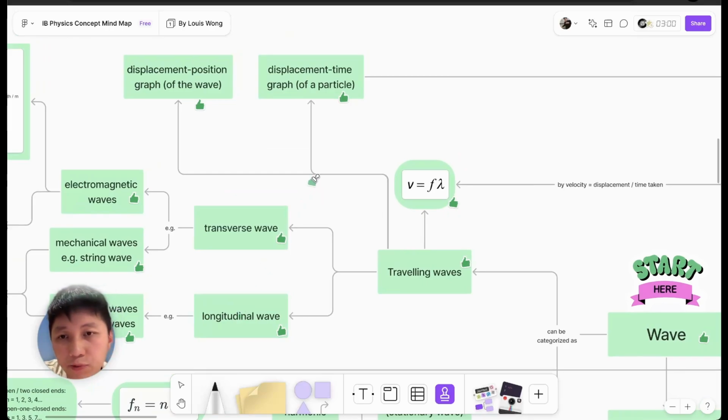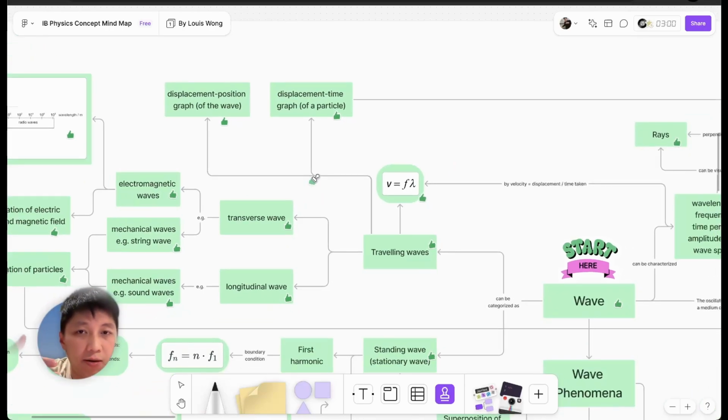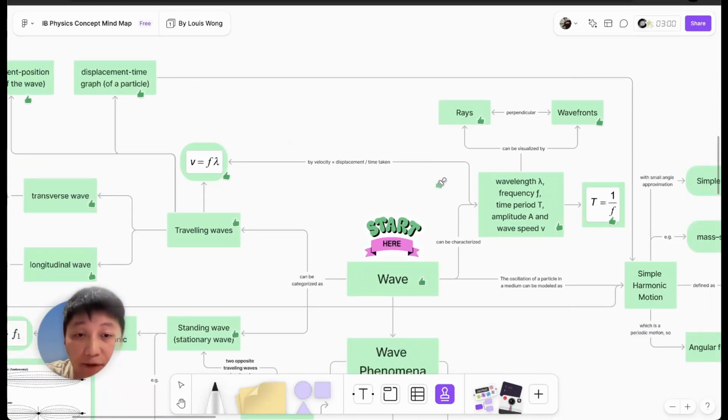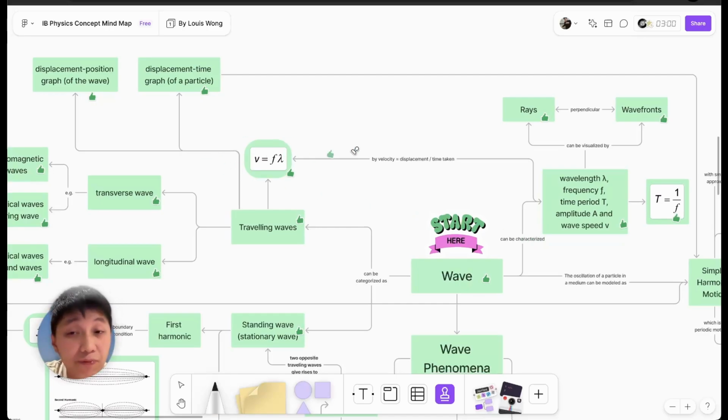The reason why we have to do these two graphs is because we are describing the wave, and you can then identify different things. You can think about how we can get the wavelength, frequency, period, amplitude, or even speed from these two graphs.